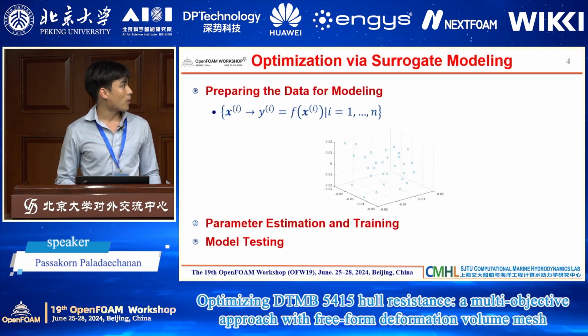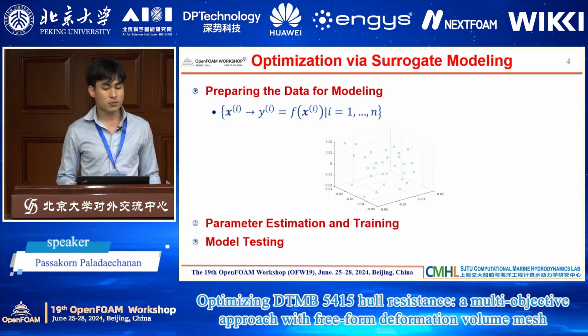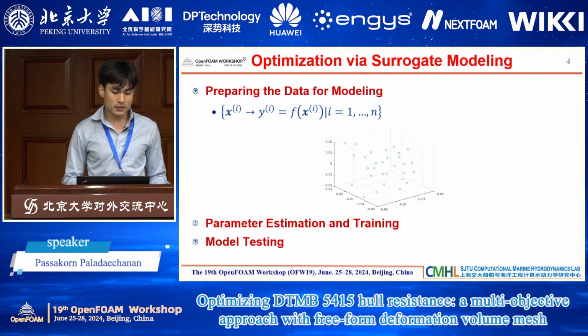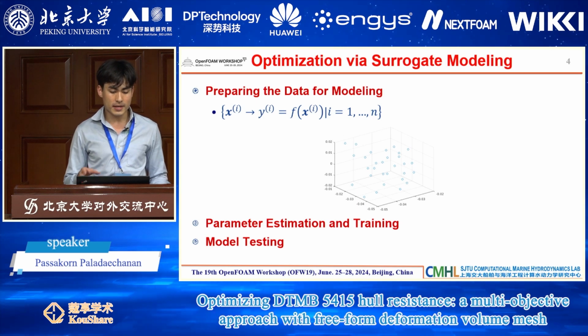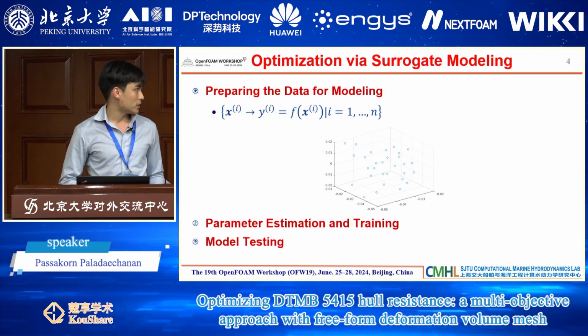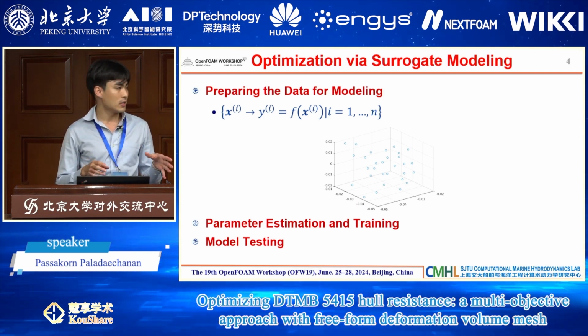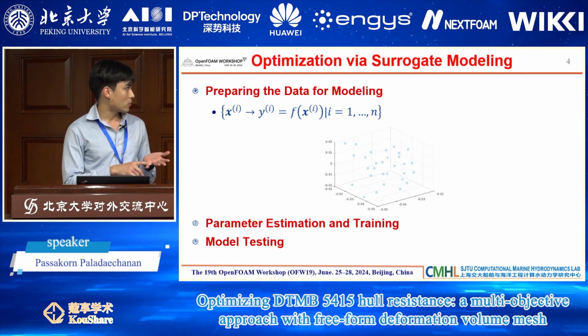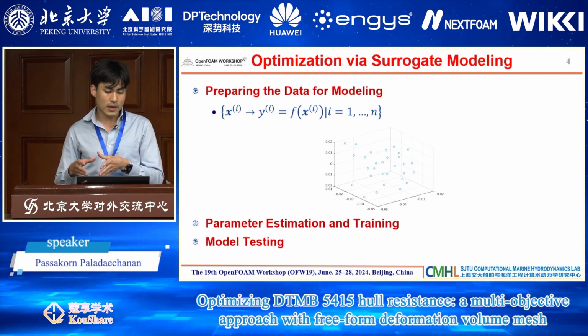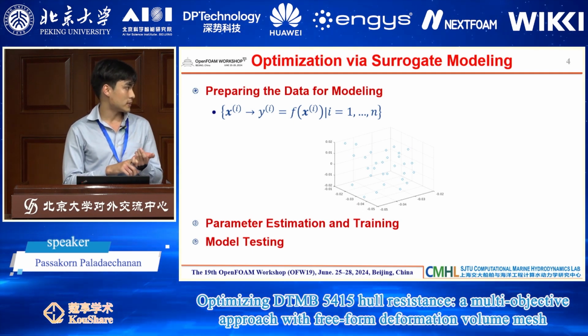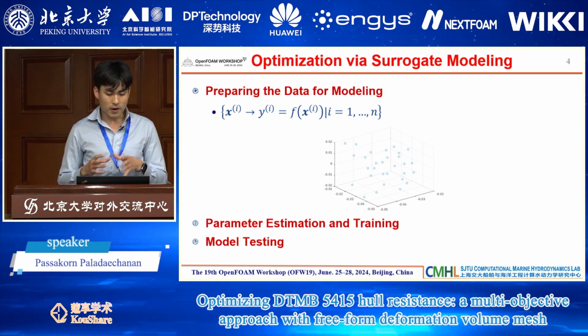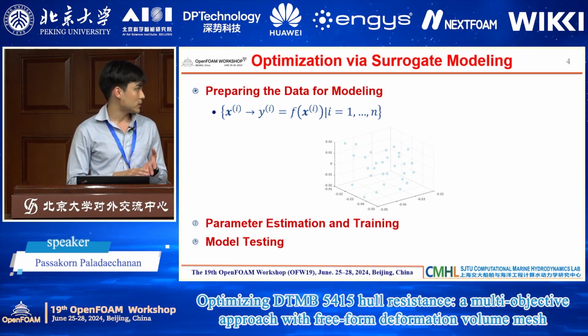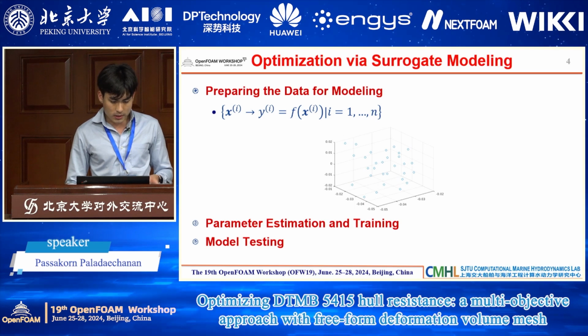For the optimization with the surrogate model, the first thing is we need to prepare the data for modeling. We need to prepare discrete data like design variables and then map them with the result for this study. The function of the design variable is the resistance.